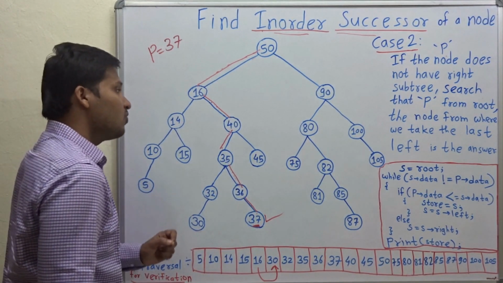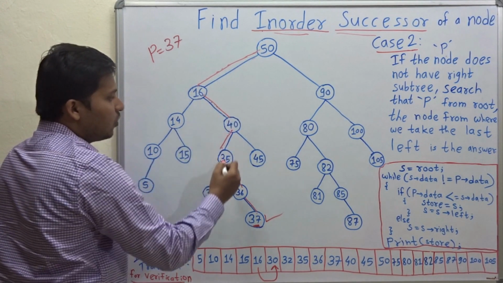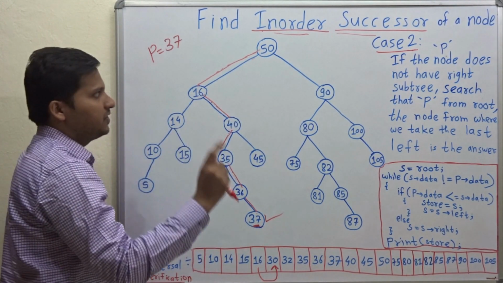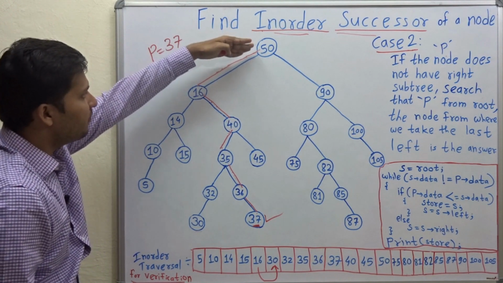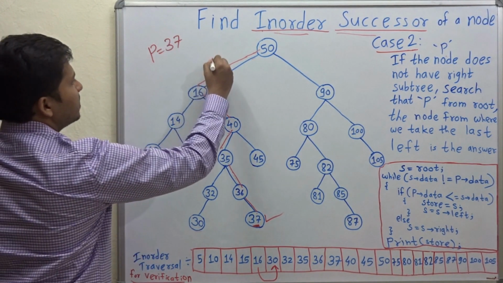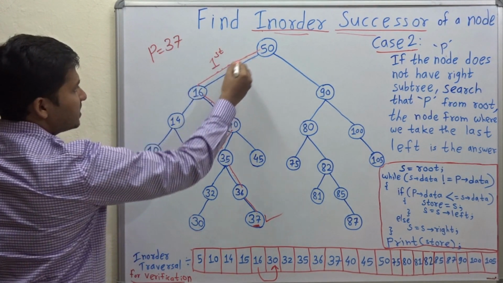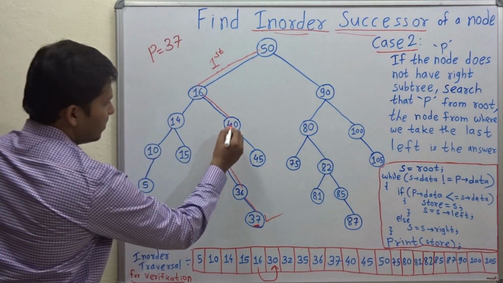Right. Now, in this path, what is the last left? Means, how many times have we taken the left turn? See, this is the first left. Means we went to the left child for the first time. Then this is the second left.